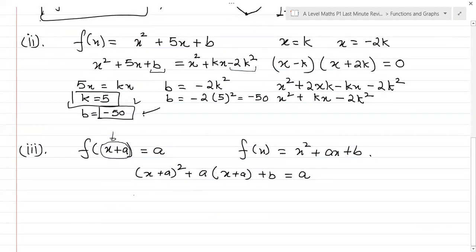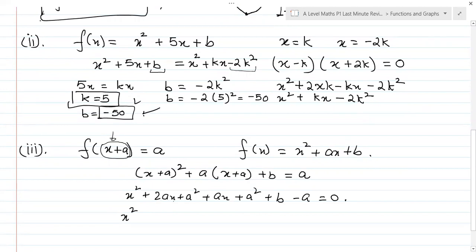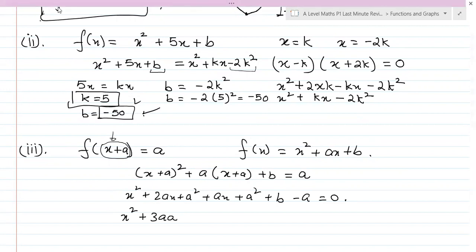So we get this as x squared plus 2ax plus a squared if you open the bracket, and then plus ax plus a squared plus b minus a is equal to 0. I'm just simplifying this. So that's x squared, and we get 2ax and ax, so that's plus 3ax, not 3 plus ax.